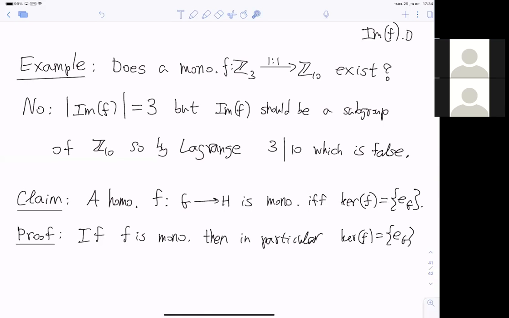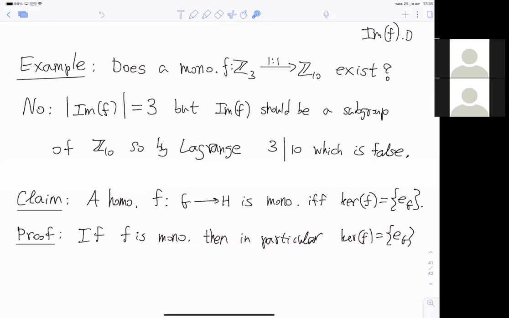So this direction is trivial. You cannot have two or more sources that take you to e_H. So it must be only this. But the opposite direction is not so trivial, because you could think that, okay, maybe if it's a monomorphism, then in particular it is true.